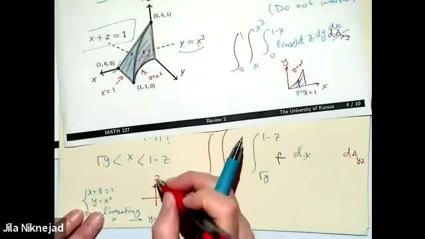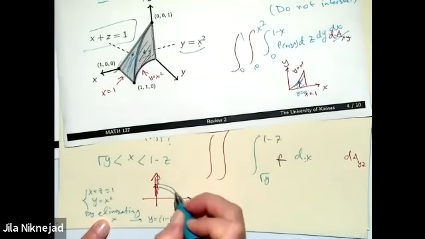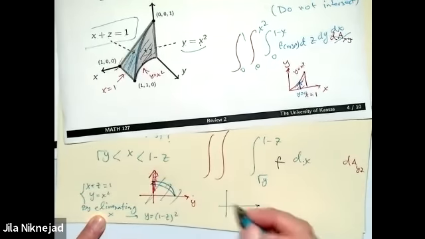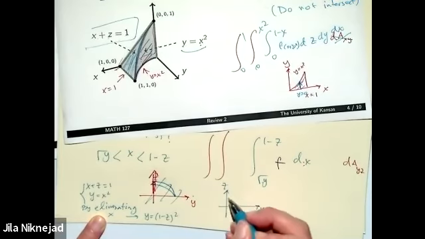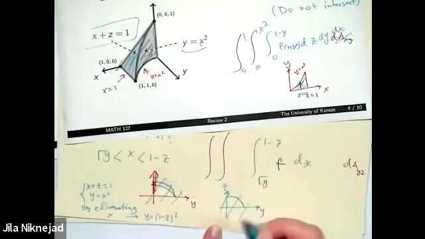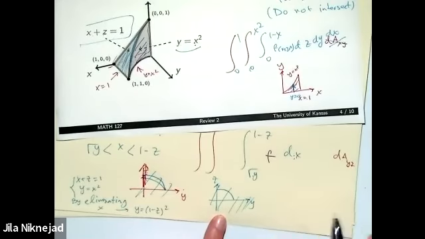Sorry, let's make this a little nicer looking. In y and z, it looks like that. I get a parabola opening downward. I'm sorry, this is when nasty things happen. So it's y equal to 1 minus z squared.